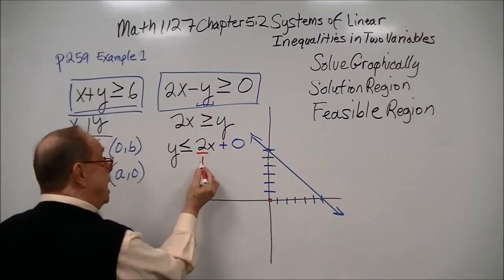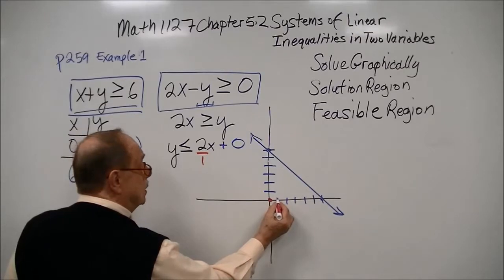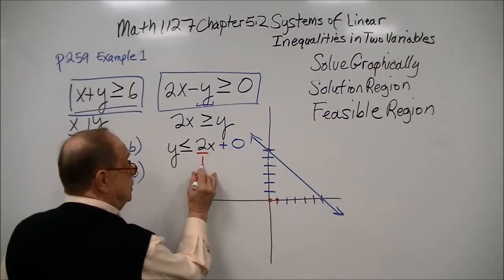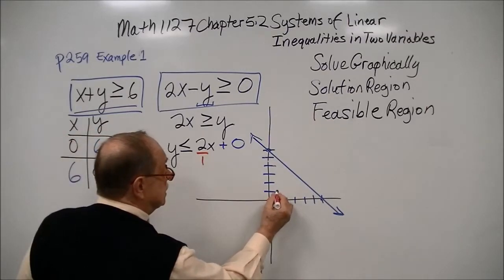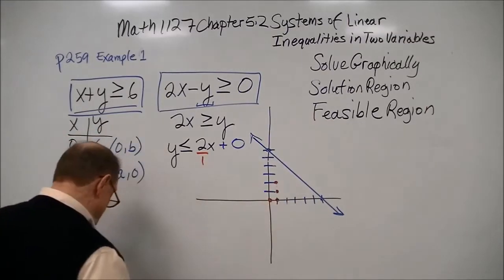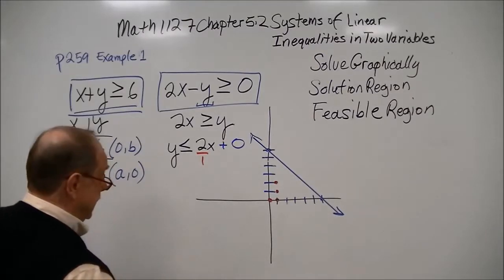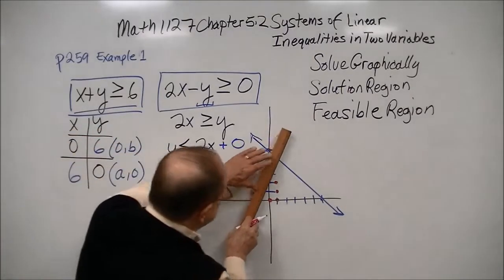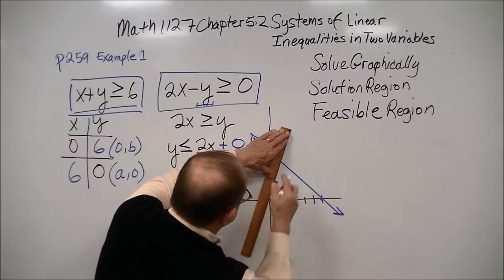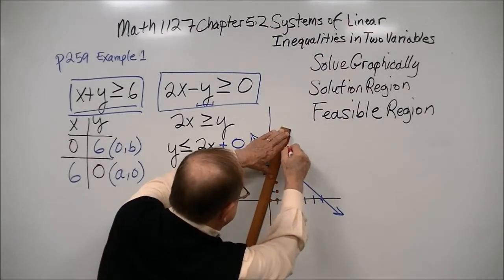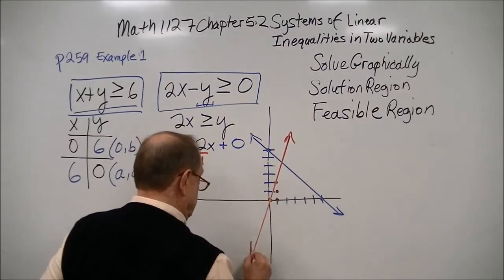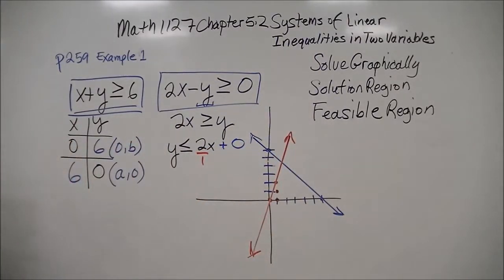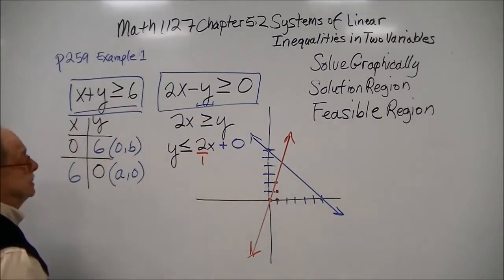Now, it's positive slope, so I'm going to go over my run, which is 1 unit of X. My rise, which is 2 units of Y, and I now get this one. And I've put those on as if they were equal signs.